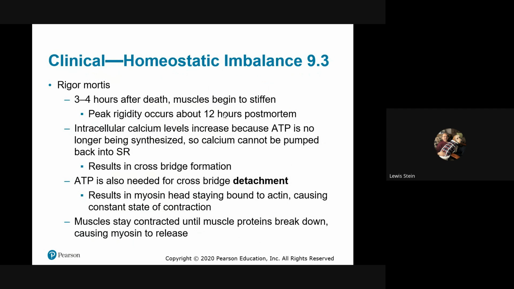If somebody dies in their sleep in bed, you're going to see discoloration on their back, because blood vessels give up and blood extravasates, settling and discoloring the back, the buttocks, etc. If you see that and somebody's on their tummy, somebody moved the body, or the other way around.